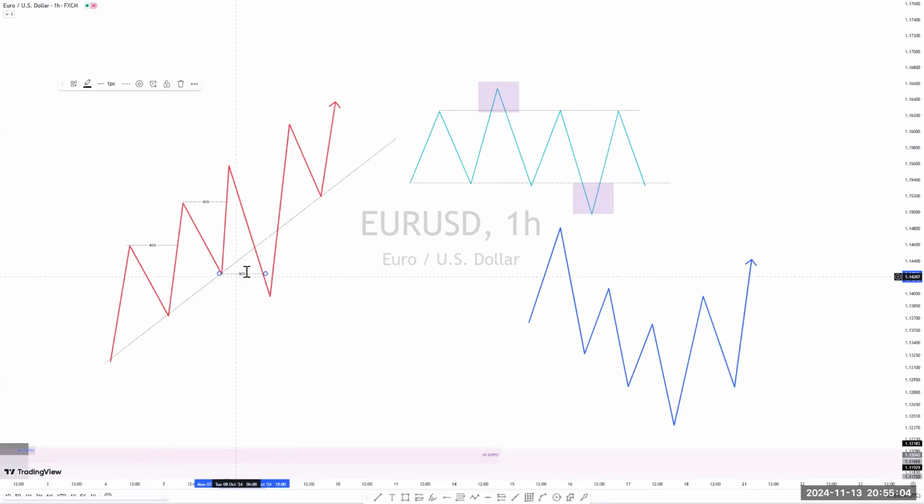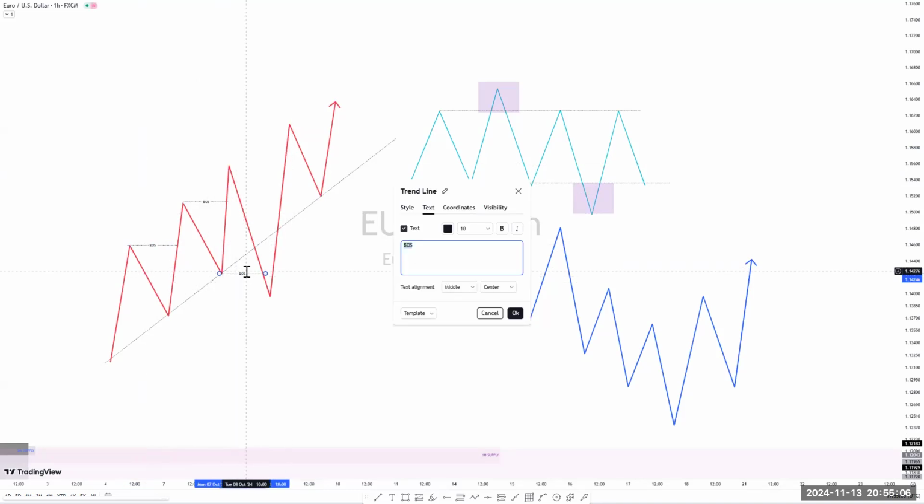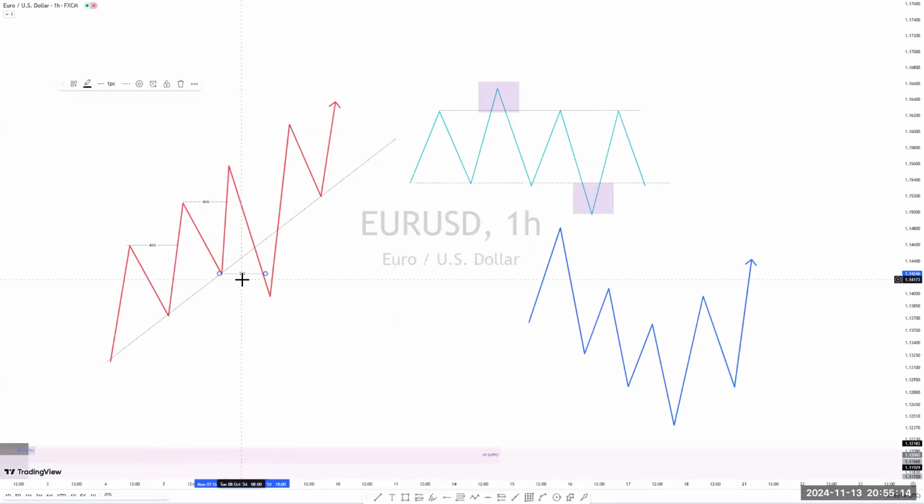Instead of calling this a change of character, I'll use a dollar sign to identify it as liquidity sweep. Now, if price proceeds in the original direction, we have a break of structure and price continues to do that.